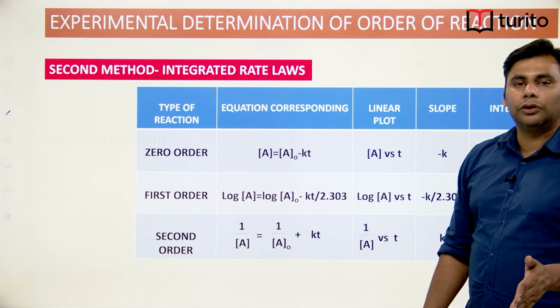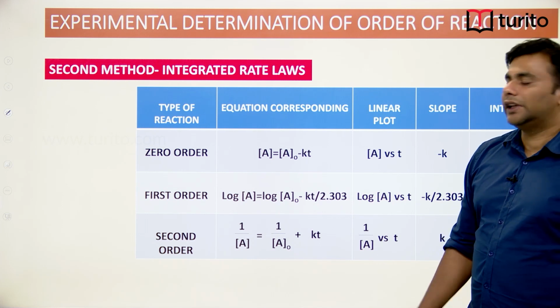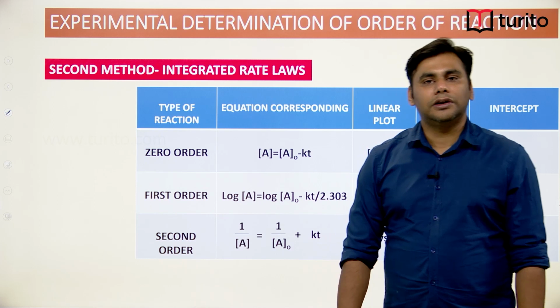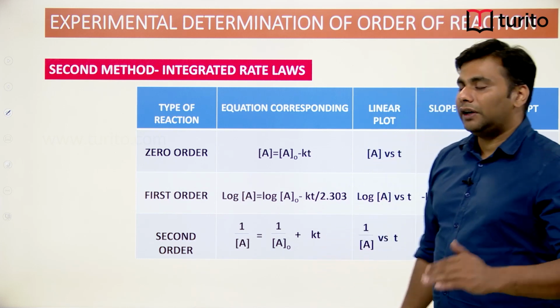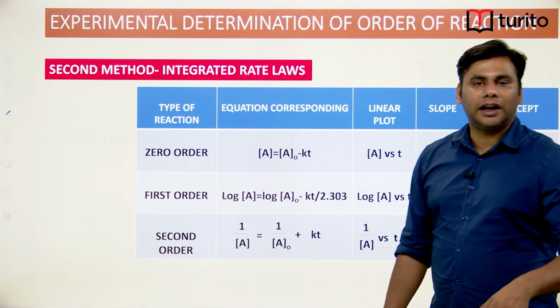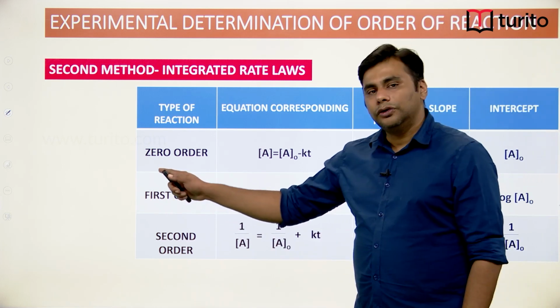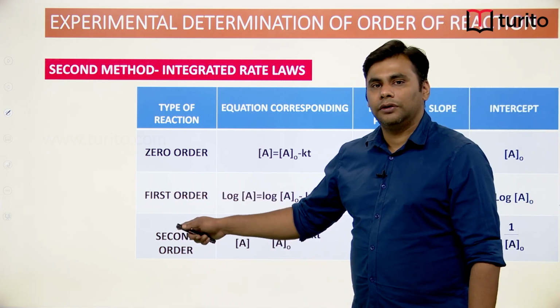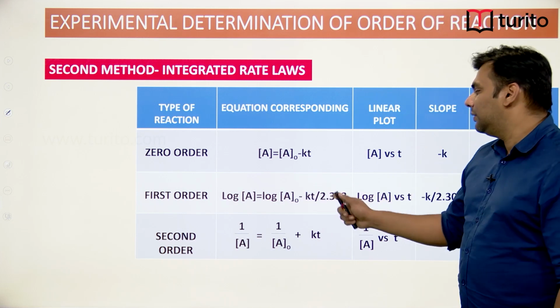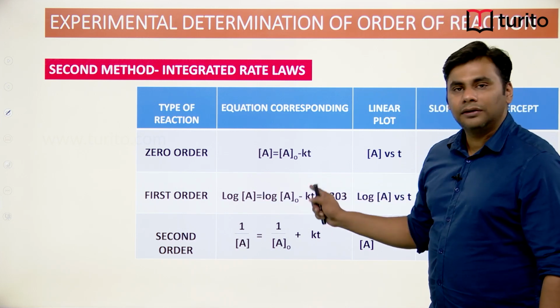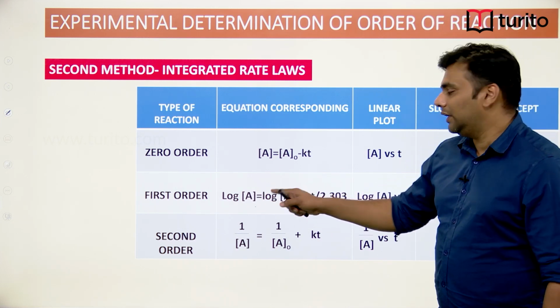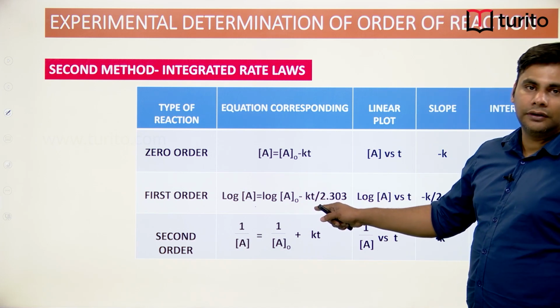If the value of K comes out to be the same at different times, that means the reaction is zero order, okay. But if it doesn't come out the same, that means this hit and trial method didn't work, so we'll use the first order equation now. Now at different times we'll keep changing the concentration of A and keep calculating the value of K, okay.